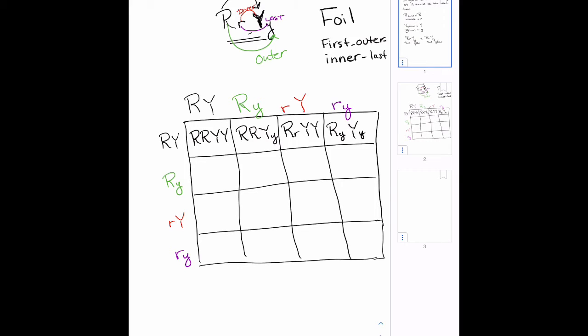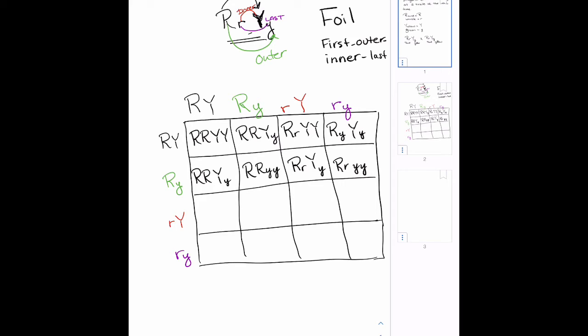The next row, I'm going to have capital R, uppercase Y, lowercase y. Then I'm going to have capital R, lowercase y, lowercase y. Then capital R, lowercase r, capital Y, lowercase y. Then capital R, lowercase r, lowercase y.